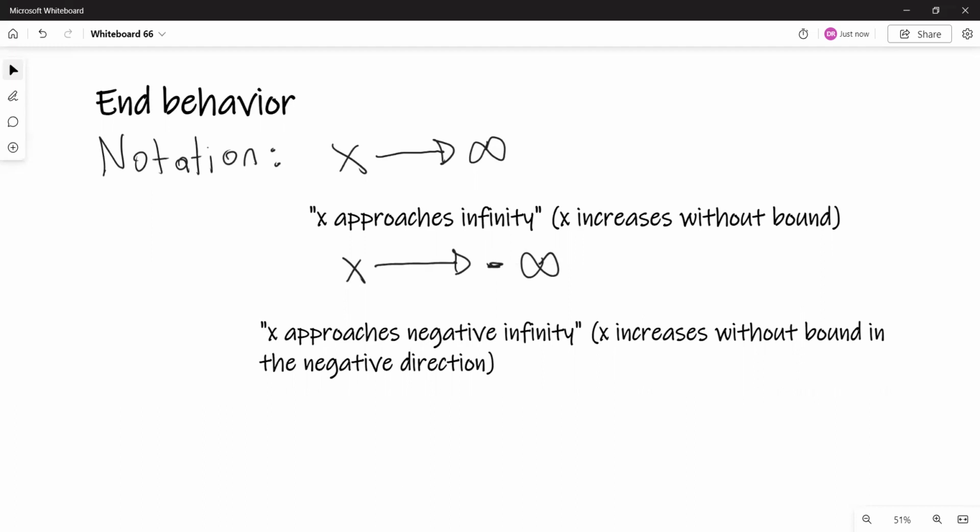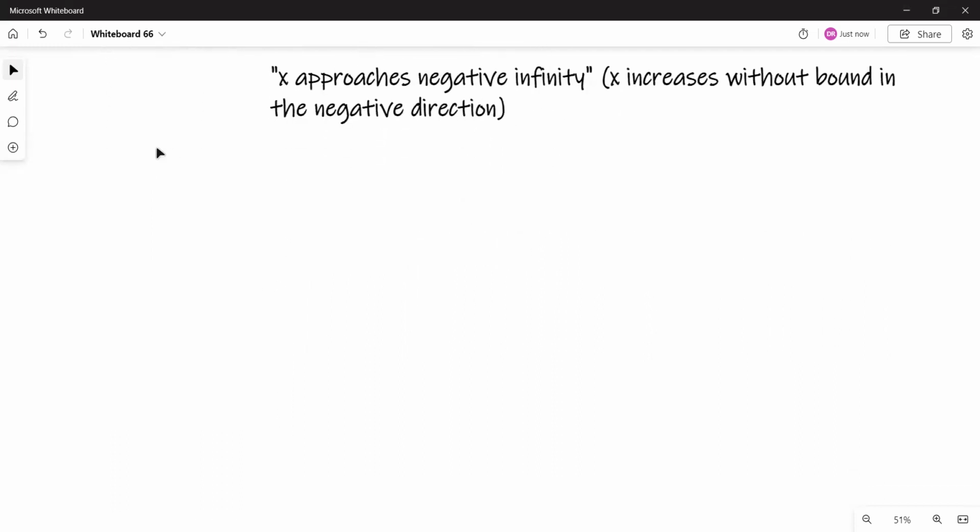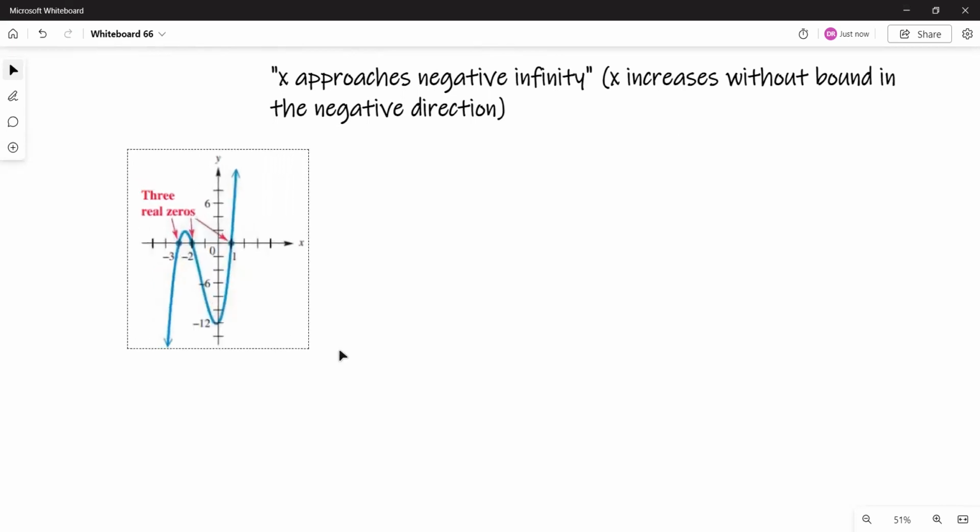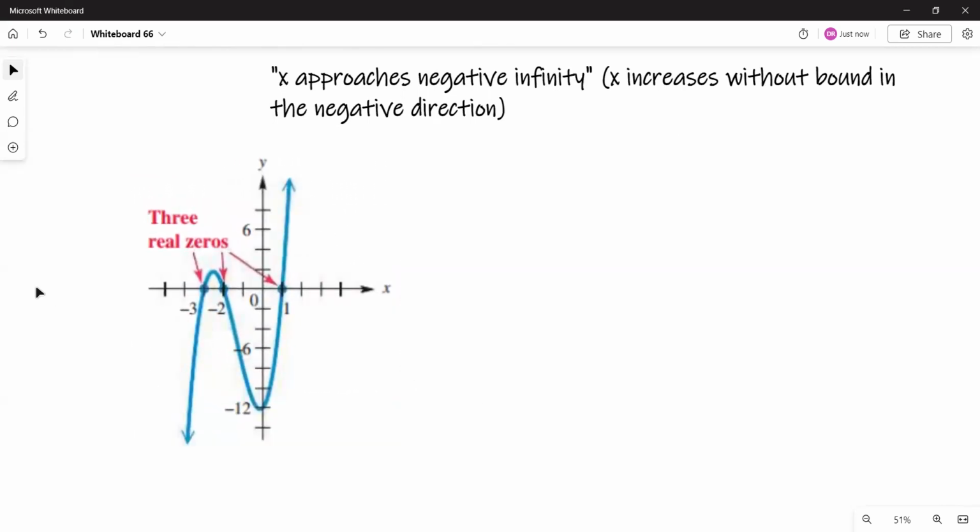Okay, so I'm going to bring back some of the graphs we did in the last video. Let's take a look at this graph. In the last video, we went over the zeros of that polynomial. So as x approaches infinity, one way to say it is that the graph rises to the right.